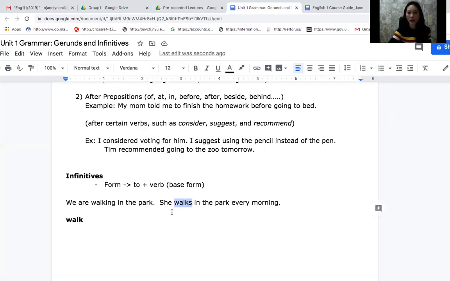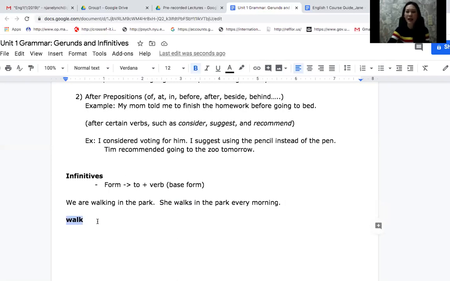We add s because the subject is she. What tense? Present simple tense. When we use present simple tense, if the subject is singular, we have to add s to the verb. But the question is, what is the base form of walks? The base form of walks is the same, walk.